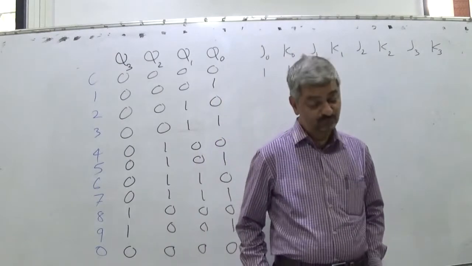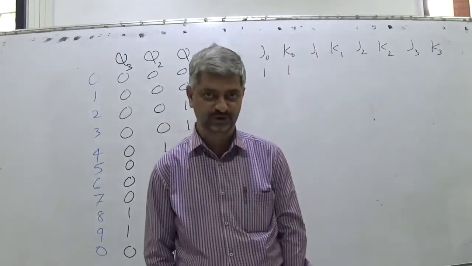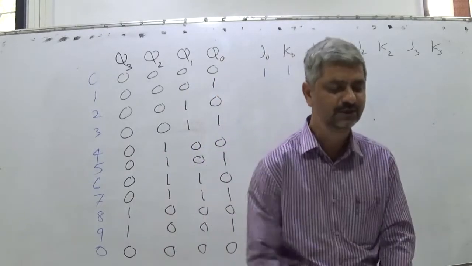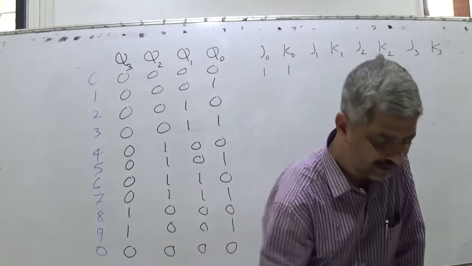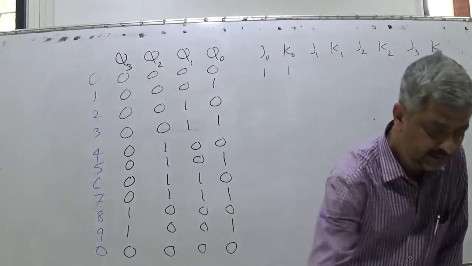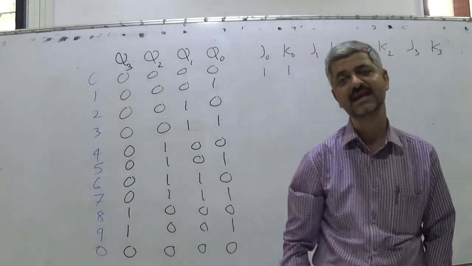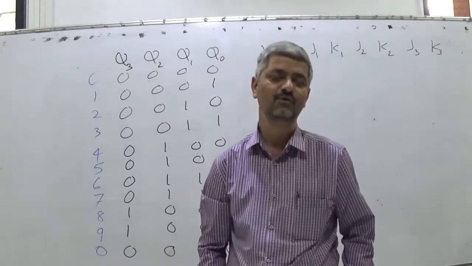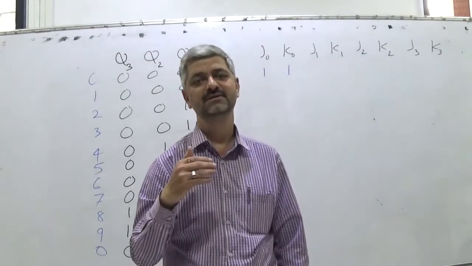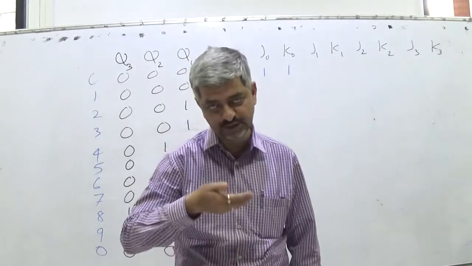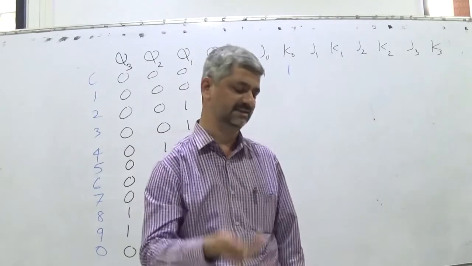What do we mean by state? Its outputs Q0, Q1, Q2, Q3, and additionally we also have Q0 bar, Q1 bar, Q2 bar, Q3 bar. The current Qs should decide the J's and K's such that when the clock comes, all flip-flops proceed to the next expected state.